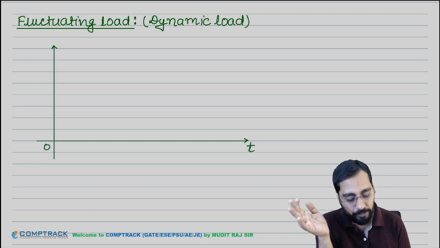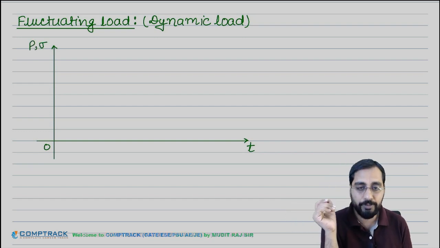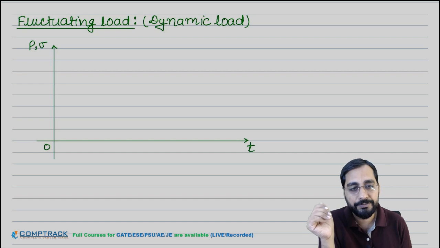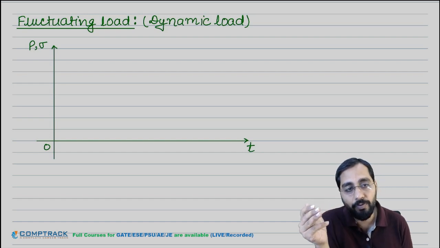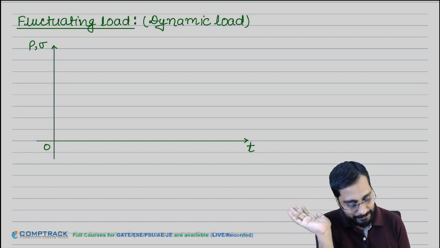So with respect to time, the magnitude of load will change, so the magnitude of stress will also change. Direction of load may also get changed. So first we are considering the simple case.